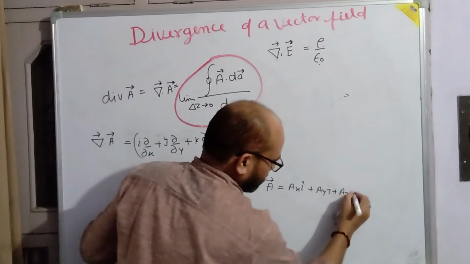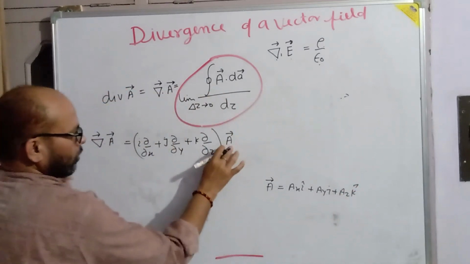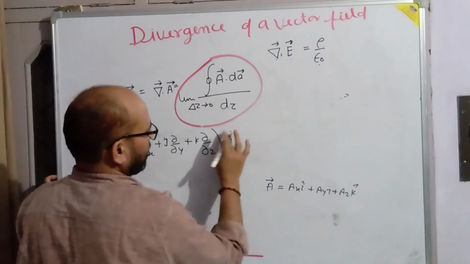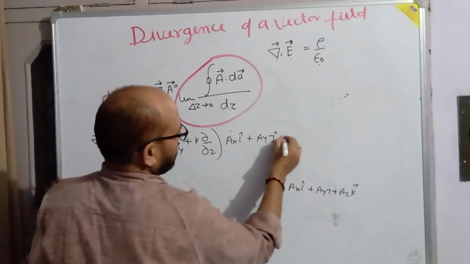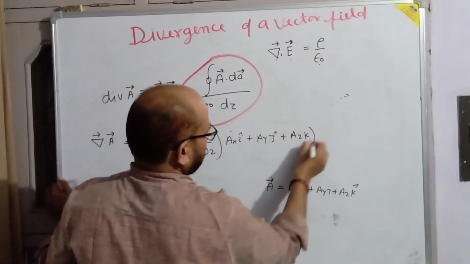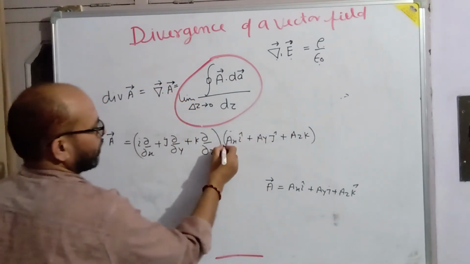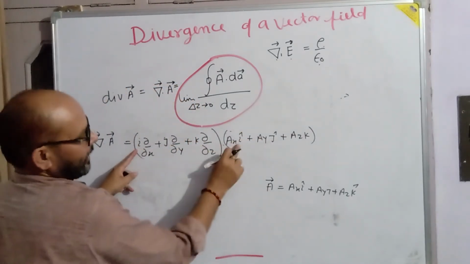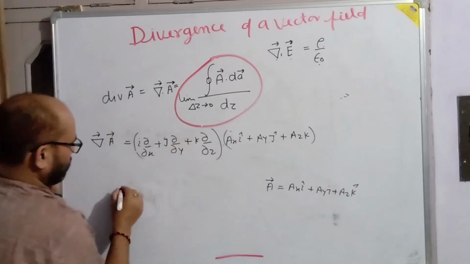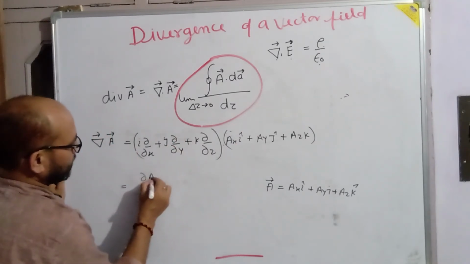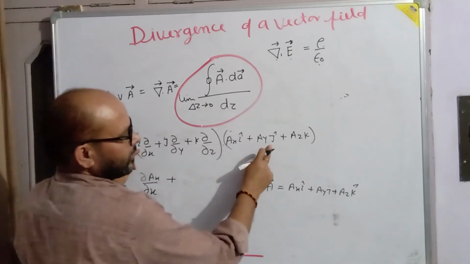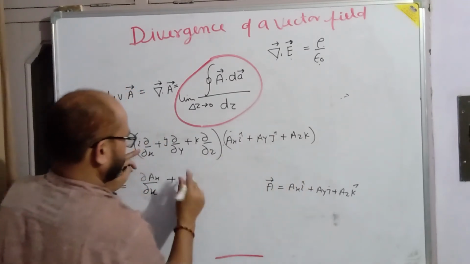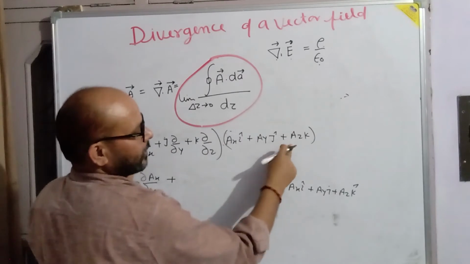Okay, here is the dot product. So here i dot i equal to 1, i dot j equal to 0, i dot k equal to 0.